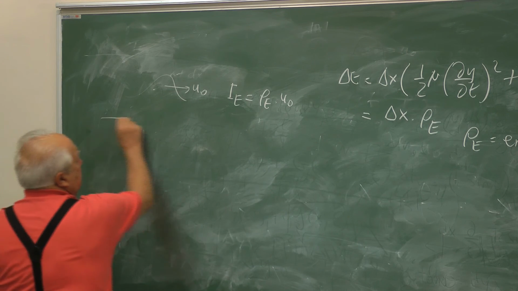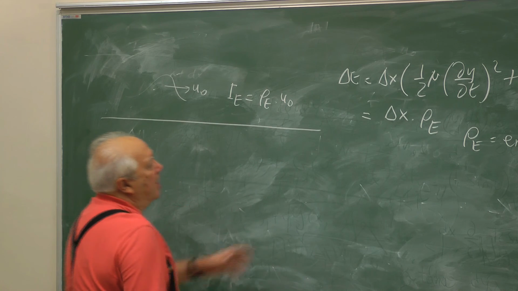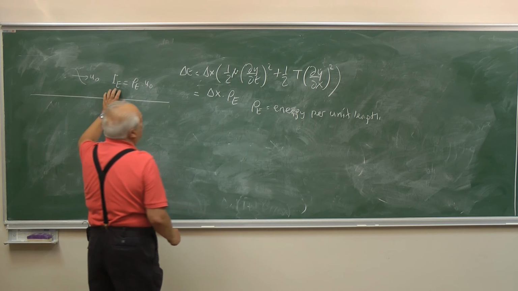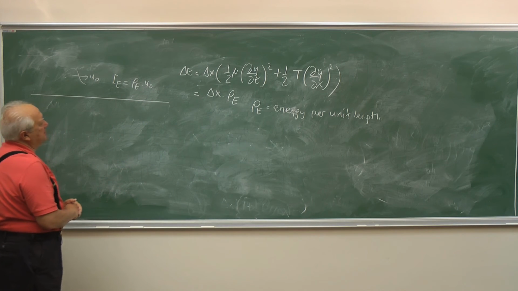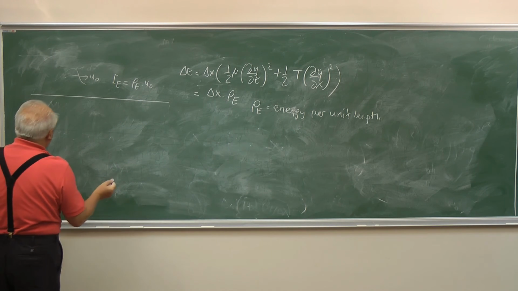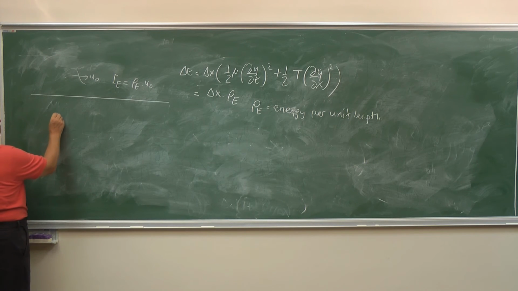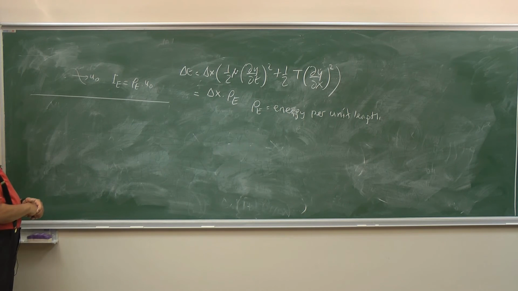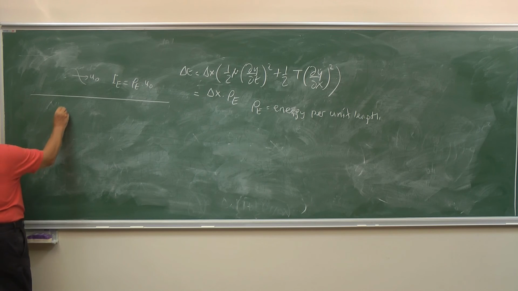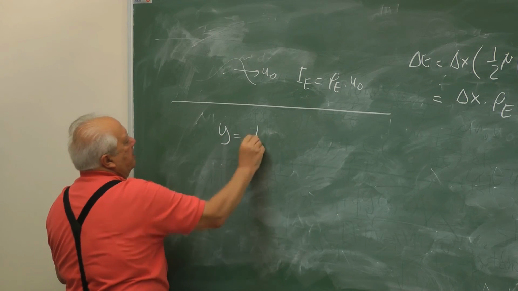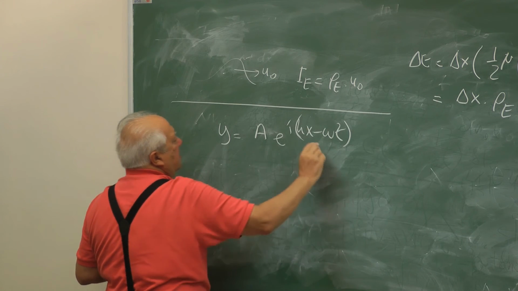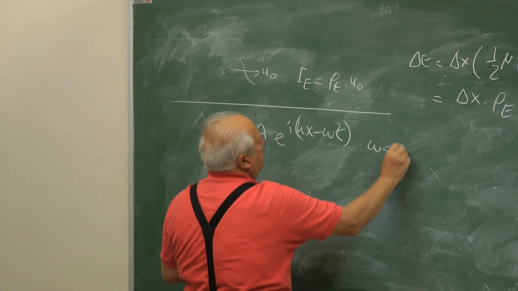Now, let us take a particular y and compute its energy density and the current of energy. And of course, the simplest y you can think of is this harmonic oscillation along the string, namely y equals A e^{i(kx − ωt)} with ω equal to u0 k.